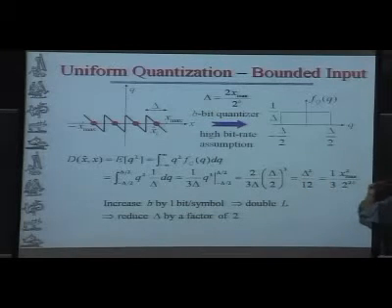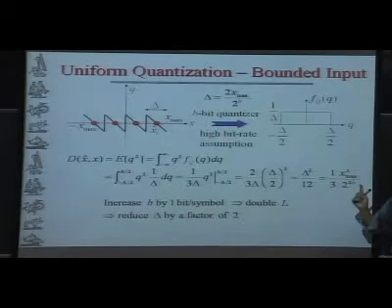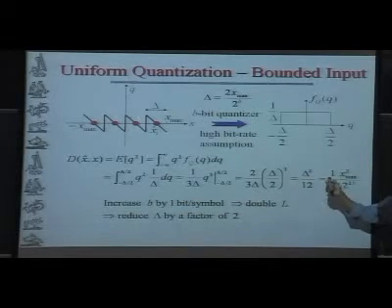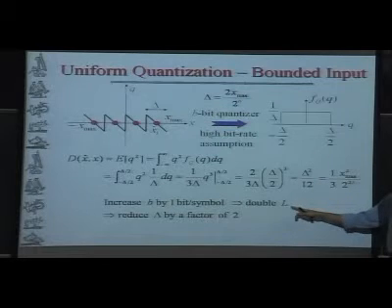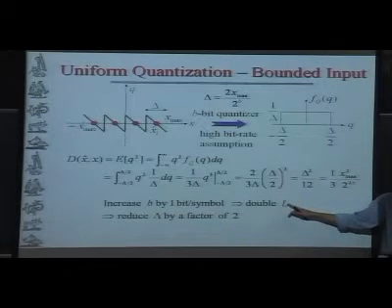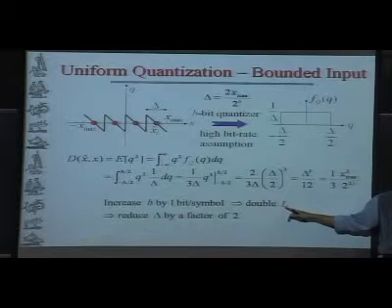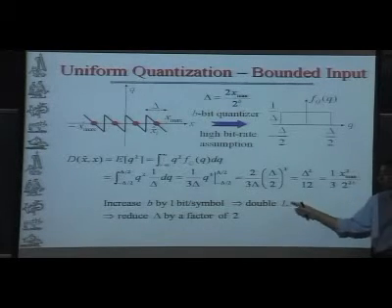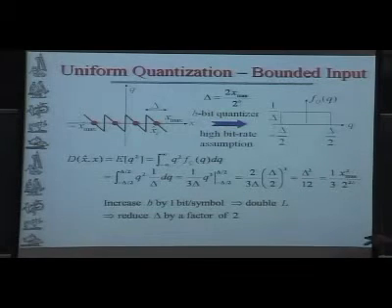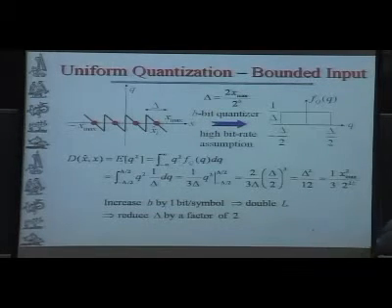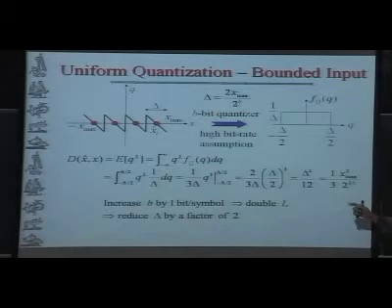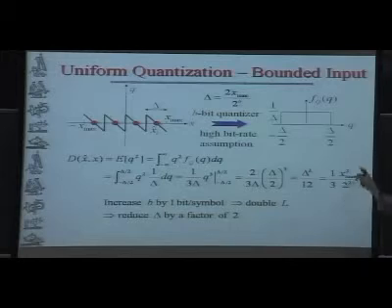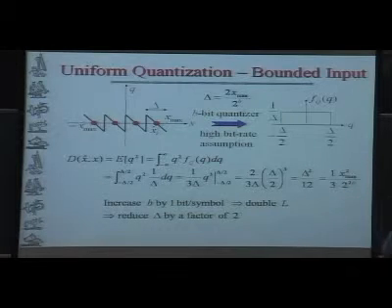If I allowed you to have 1 more bit to describe the y, I have twice the number of quantization steps. Agree? So I reduce delta by a factor of 2. Every 1 bit that you give to your quantizer, you decrease the error by a factor of 4, since you reduce delta by a factor of 2.